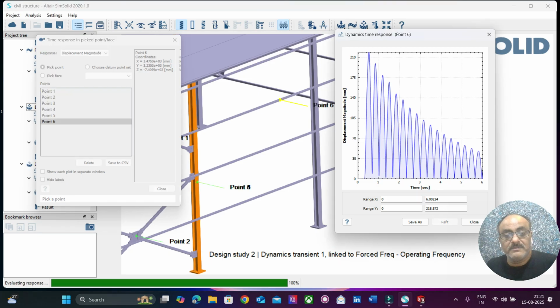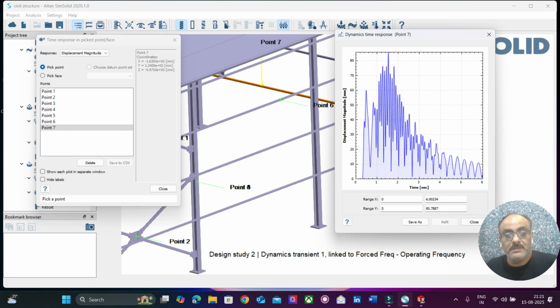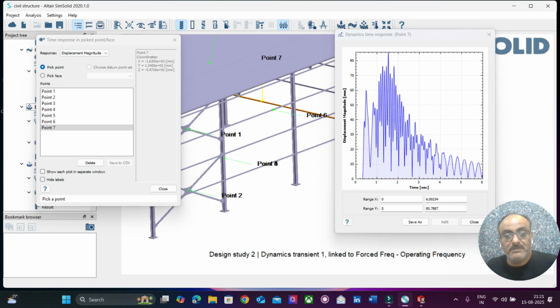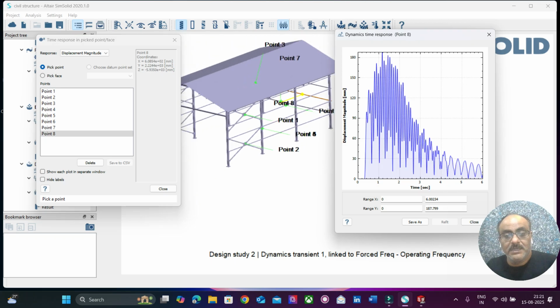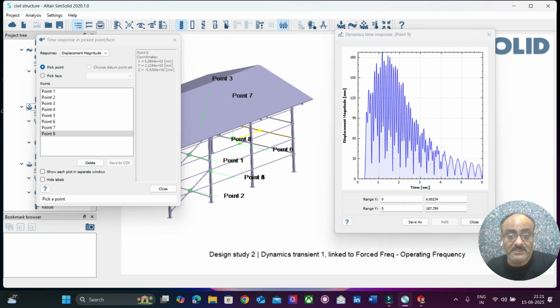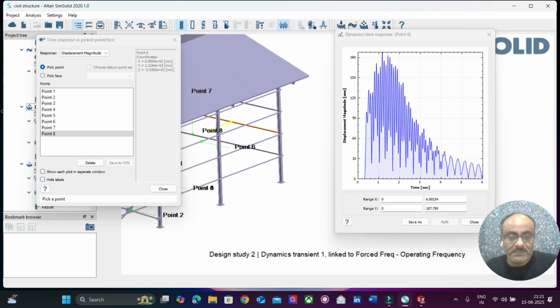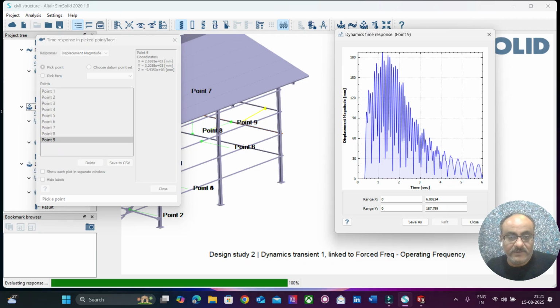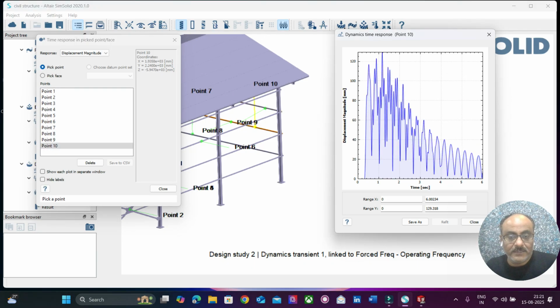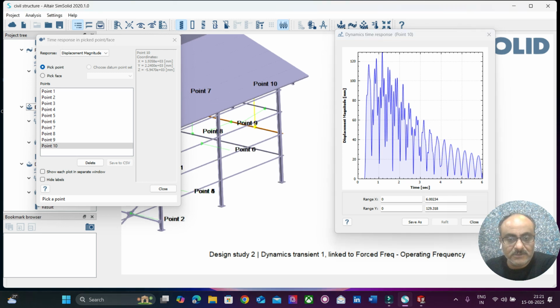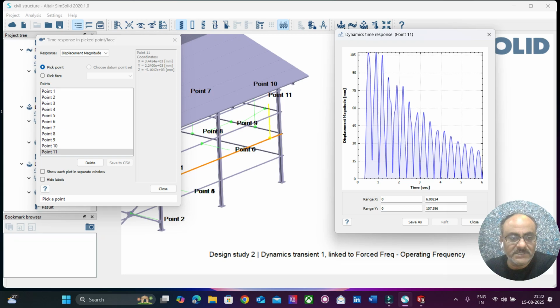Now this member. These are the members which were highly responsive. So these three members were highly responsive. That is what we see here: all the peaks, the responses, in a very short duration.